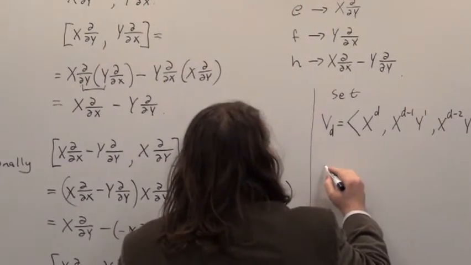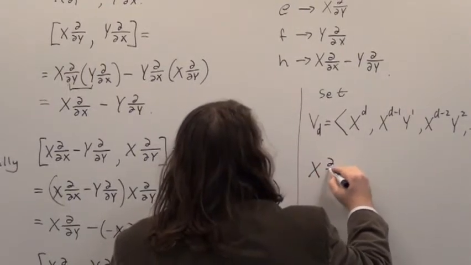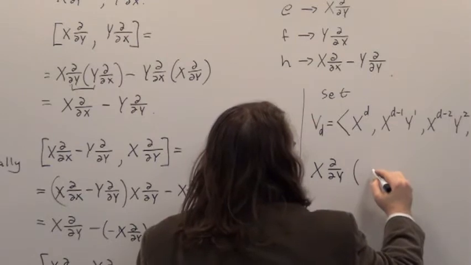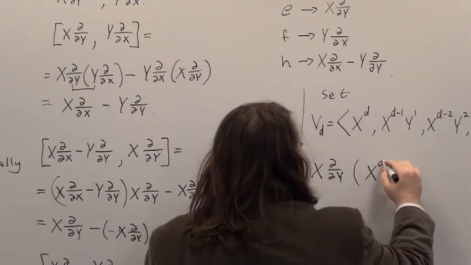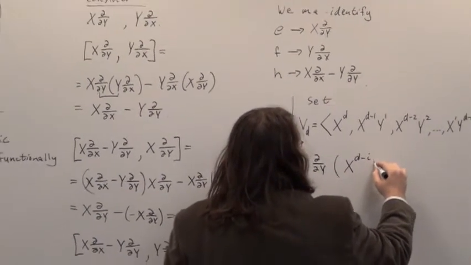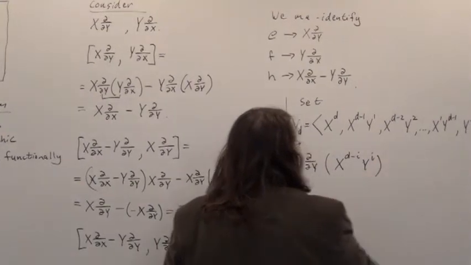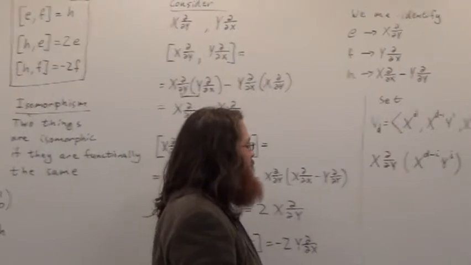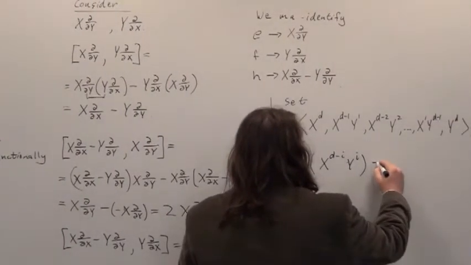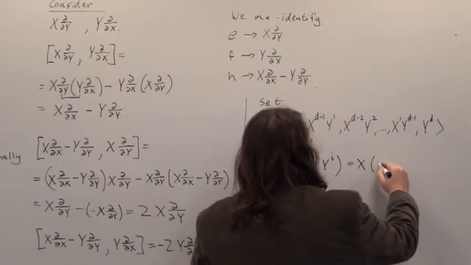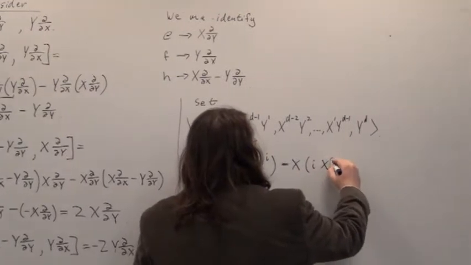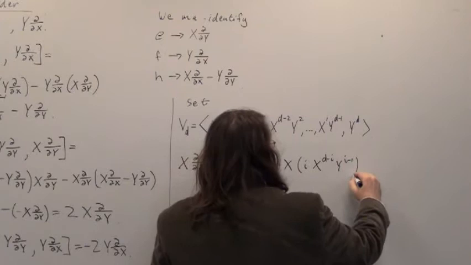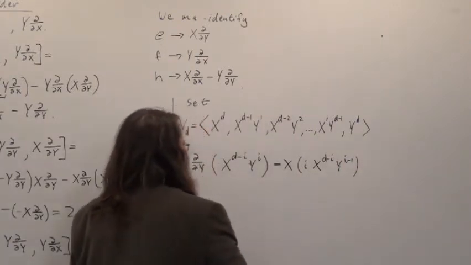So what does x d/dy do to x^(d-i) y^i? Well, I first differentiate with respect to y. So I get x times i, x^(d-i), y^(i-1), and then I multiply by x.